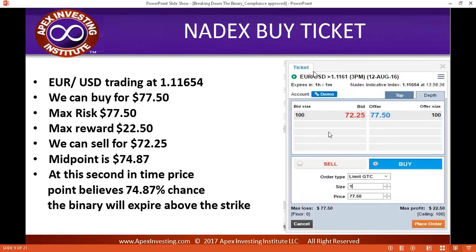The statement's not true yet, right? The market would have to come down. The statement's not yet true. From the buy side, the statement's already true. To be above 1161, it already is. So what does that mean, Joe? Well, that means that there's a 74% chance.